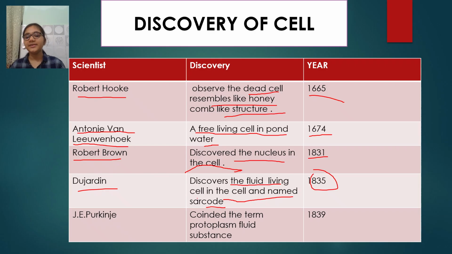Dujardin discovered in 1835 that the cell contains a fluid living substance, and he named that fluid living substance sarcode. Then J. Purkinje coined the term protoplasm for the fluid substance. J. Purkinje said that protoplasm is the fluid substance.